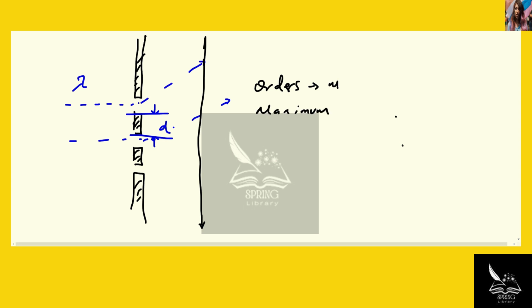The light has wavelength of lambda, and as light comes through, it has to bounce off. On the opposite side, there's a screen. We are dealing with different orders. Remember, orders, if I think about the orders, is M, and you can have maximum or minimum order.